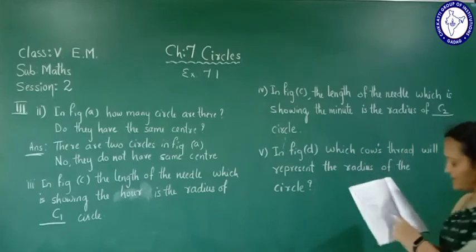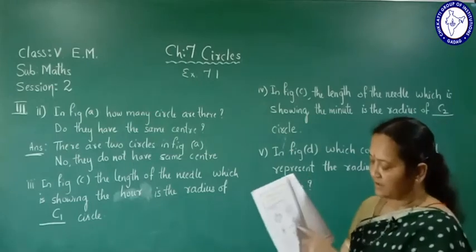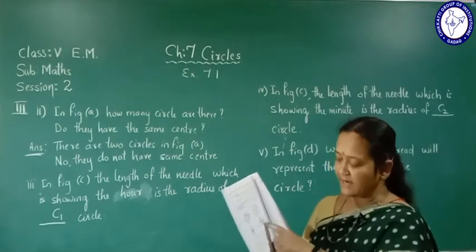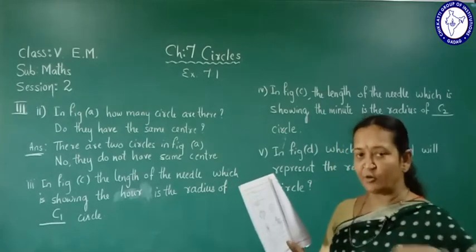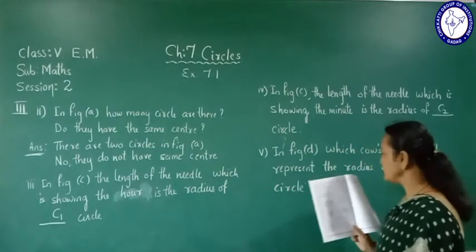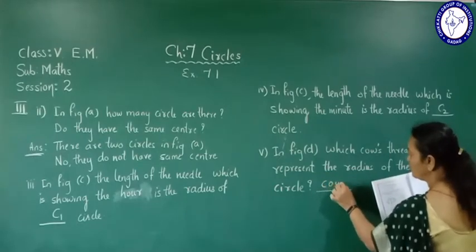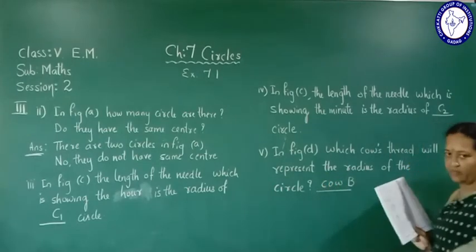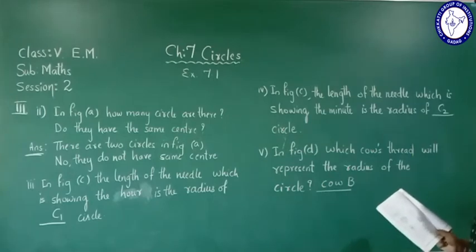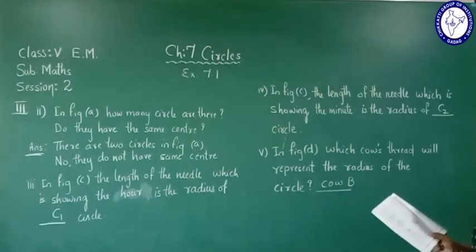Check here in the figure. Cow B, the thread of cow B, when it rotates, it shows the radius of the circle. So here you should write cow B. The thread of cow B will represent the radius of the circle.